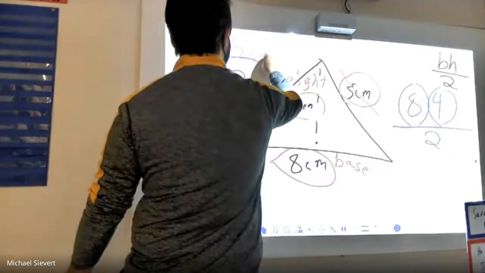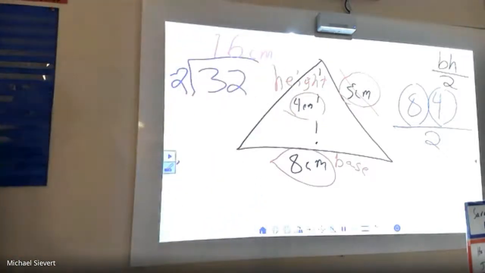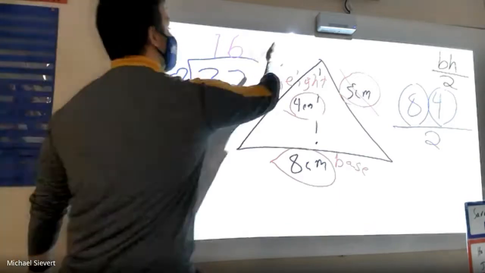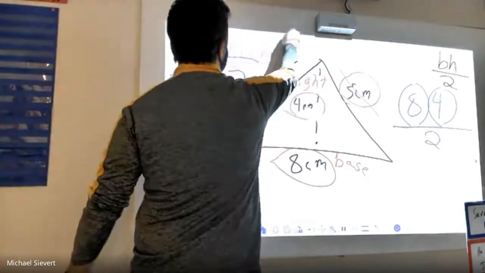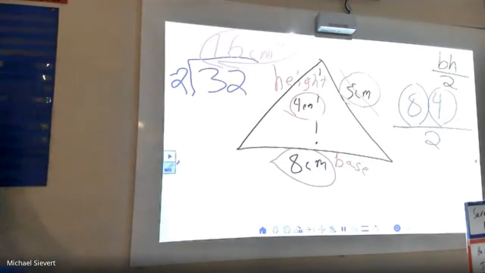Remember, we're dealing with area, so we're talking about all the little squares inside this room. So you have to use centimeters. Destiny? Centimeters squared. You can write the word square centimeters, you can write SQ centimeters, or you can write centimeters with a little 2 on top. I like the little 2 on top. I think it's cute.